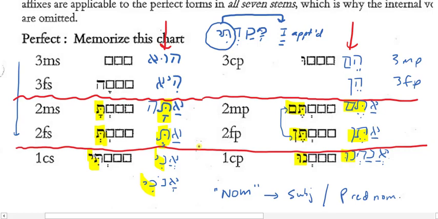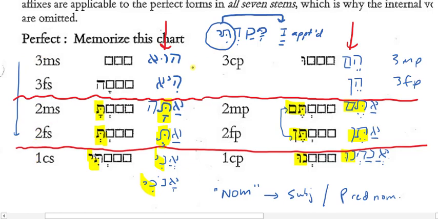First thing to notice, though, is that in our chart for the personal pronouns, this is true in Ross on page 94 when he gives you the personal pronouns, and it's true here on my little handout, we are starting with the third person and working our way down to the first person. Okay? Just like our verbs do.